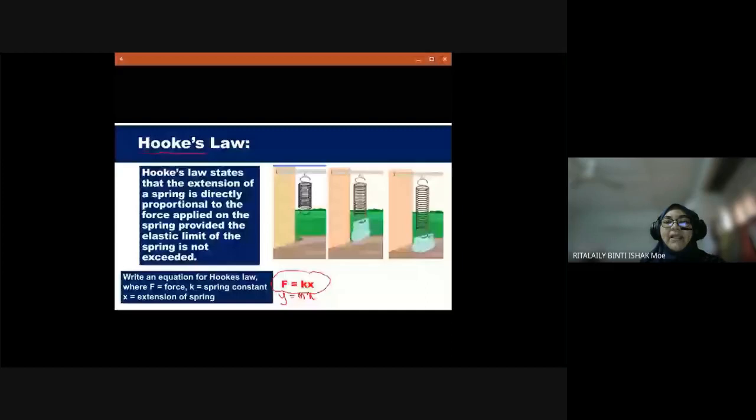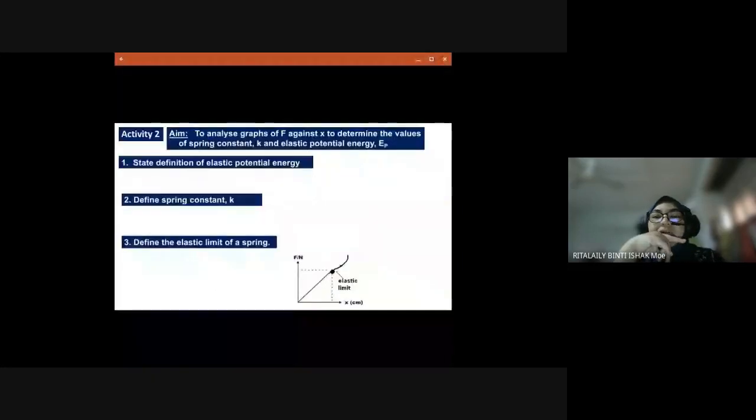Okay, so the next one is to analyze the graph of F against x to determine the value of spring constant and elastic potential energy. So just now, what is the definition of elastic potential energy?